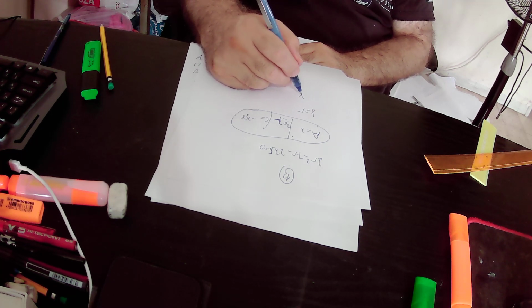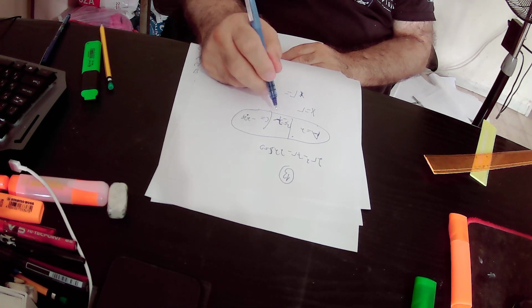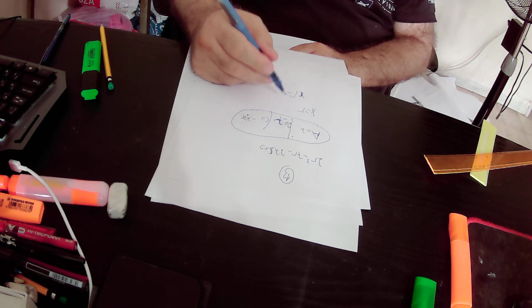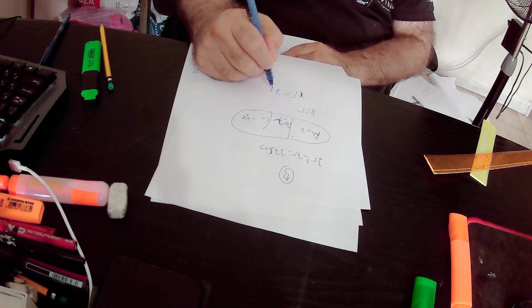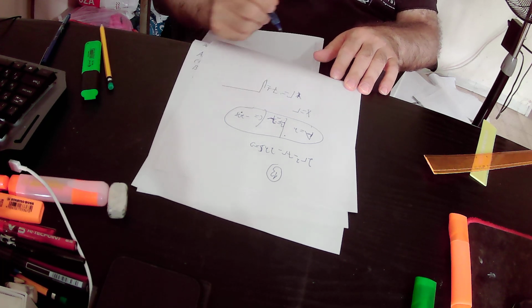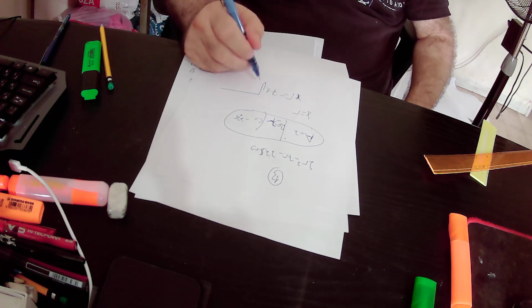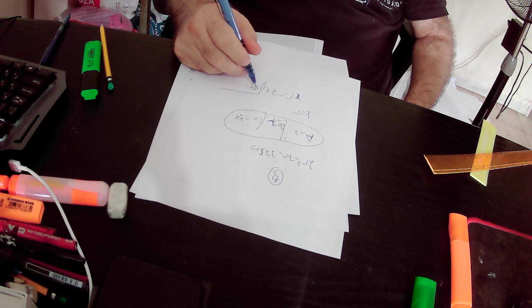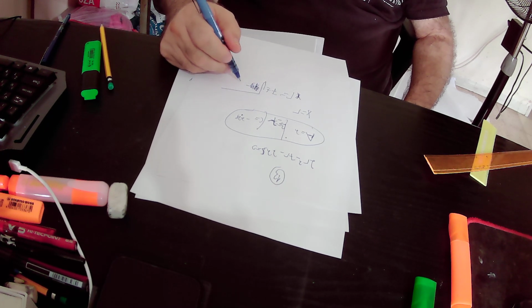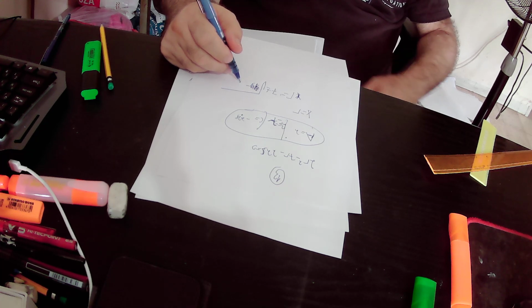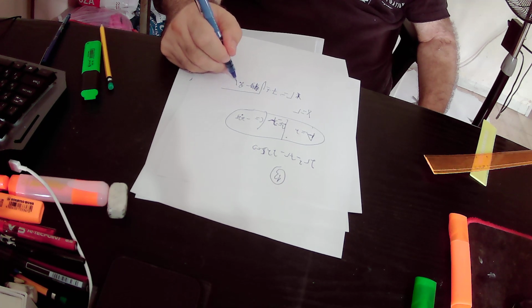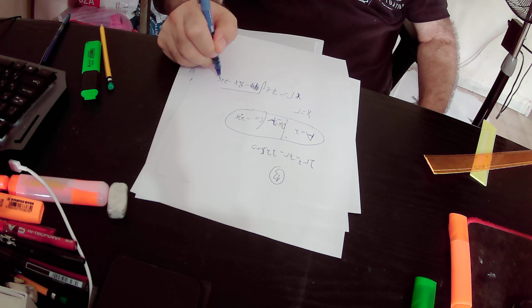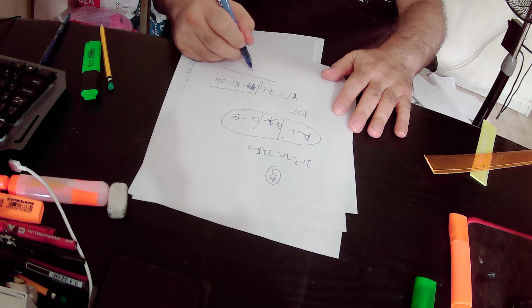So x is r, so r equals minus b, b equals minus 7, so minus minus 7 is plus 7, plus minus root of b square, b is minus 7, so b square is 49, minus 4 times a, 4 times 2 is 8, so minus 8 times c, minus 225, over 2a, a is 2, so 2a is 4.